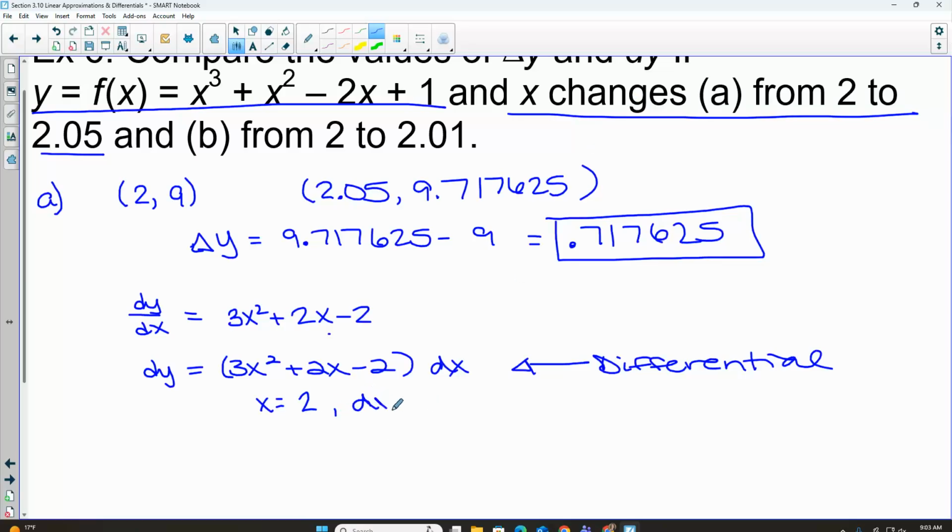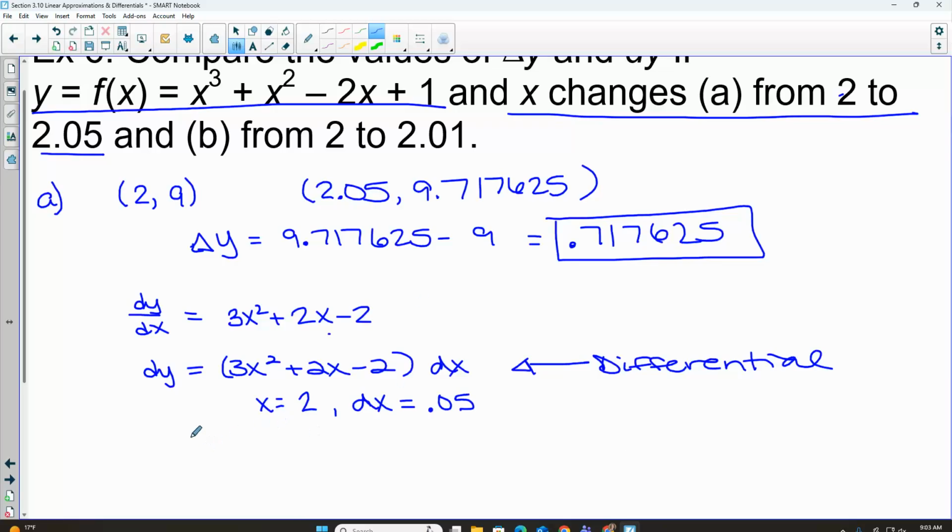My dx is how x changed. What happened to my x? It went from 2, it increased by, so my dx, my change in x is 0.05. If it went down, it would be a negative.